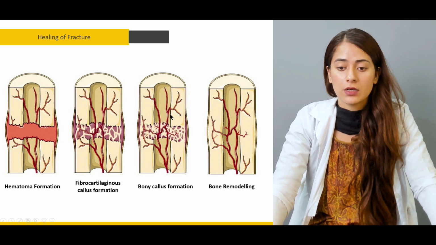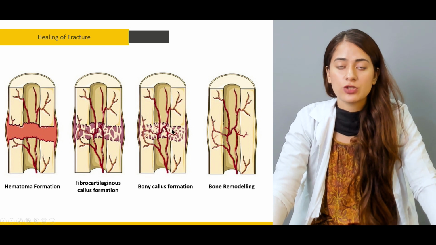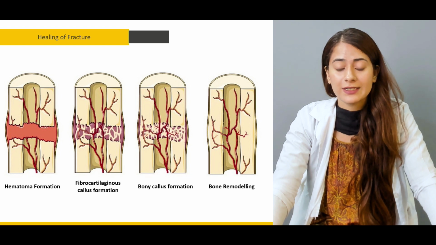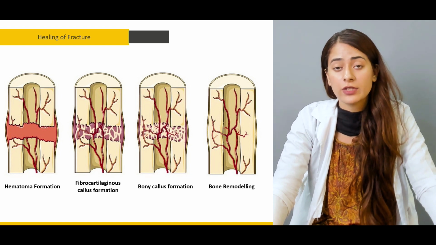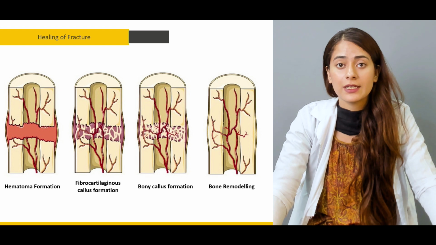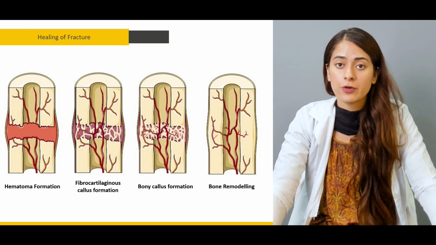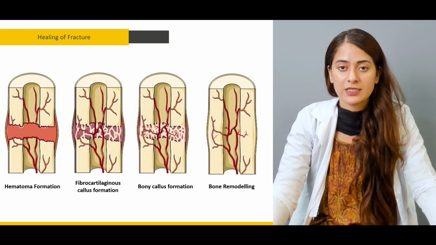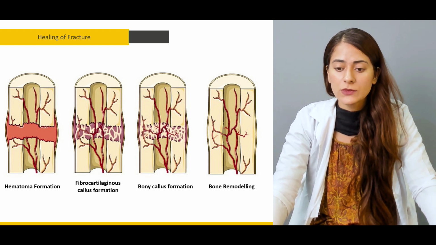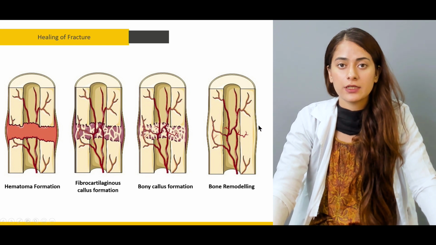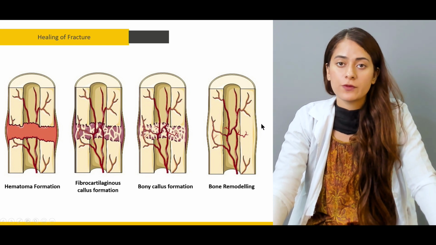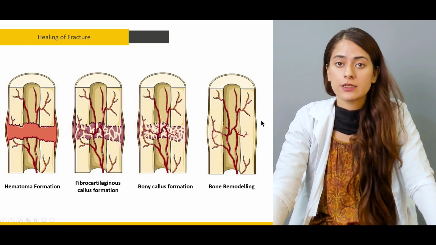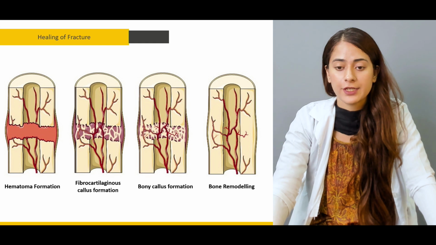This is the case if the bone segments are very far away from each other, or if there is a comminuted fracture, or if there is a segmental fracture in which the segment of the bone that is fractured is not in its anatomical position, is not upright, or is not continuous with the respective bone parts. All of these factors determine the amount of time that will be required for the complete healing of the fracture site.